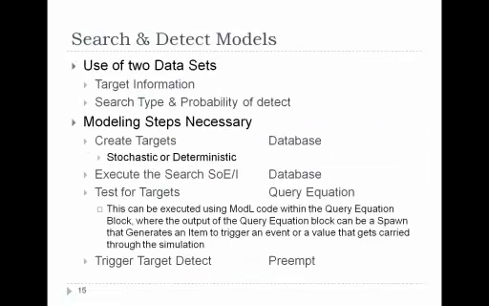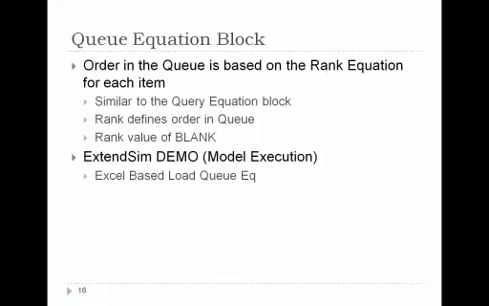I'm also using the Q equation block to represent the amount of available stations. Oftentimes you're modeling a situation where you have a furnace, for example, that can hold 1, 2, 3, 4, or 5 pallets. This allows for staggered allocation of resources.